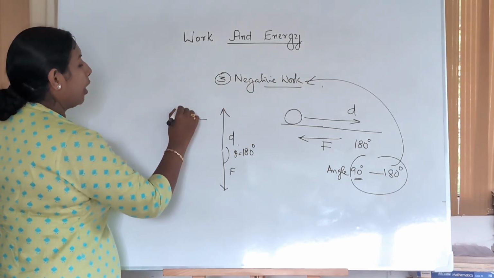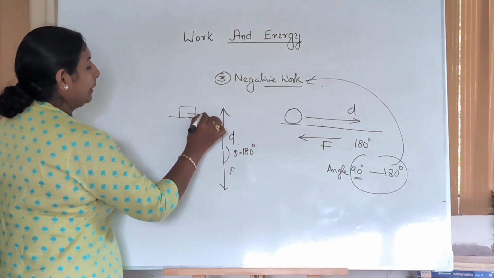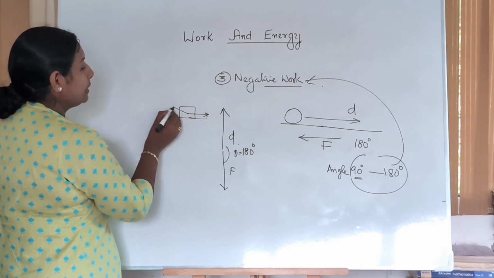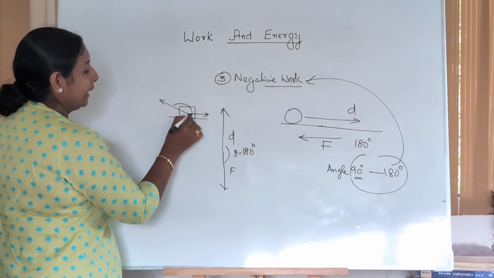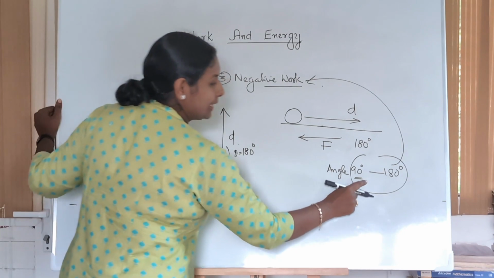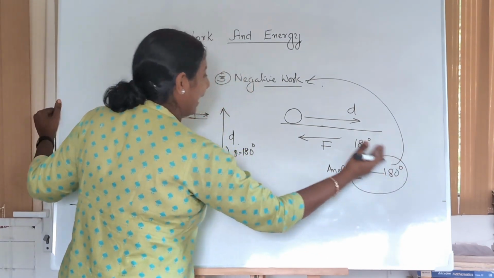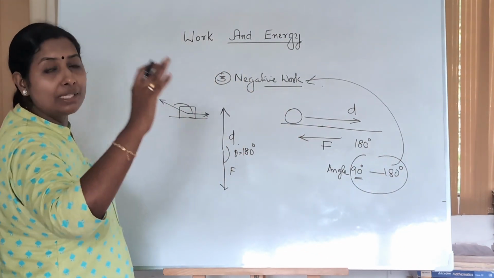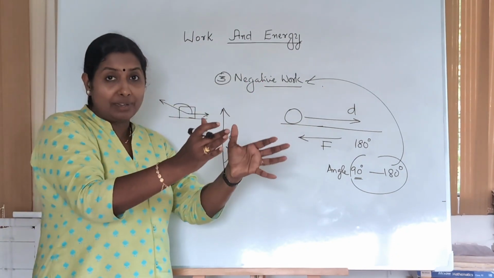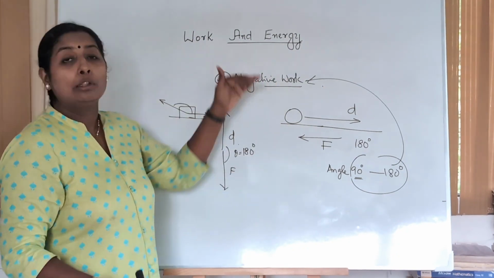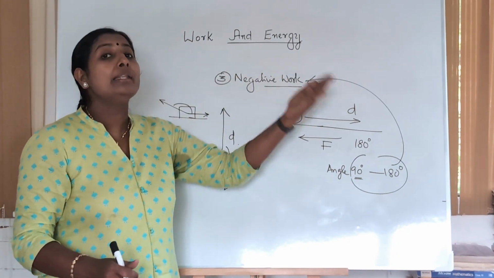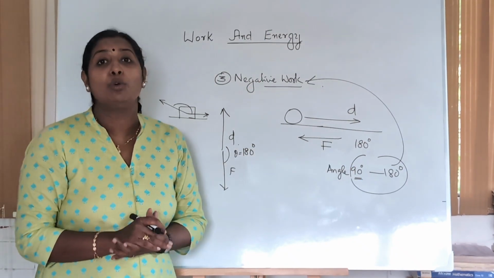Suppose there is a box here and it is getting displaced like this. Some force is acting like this. So what is the angle? This is an obtuse angle. So 90 to 180 degrees is an obtuse angle. So the angle between the force and displacement lies in the obtuse range. We can definitely say that the work done by the force on that particular body is a negative work.